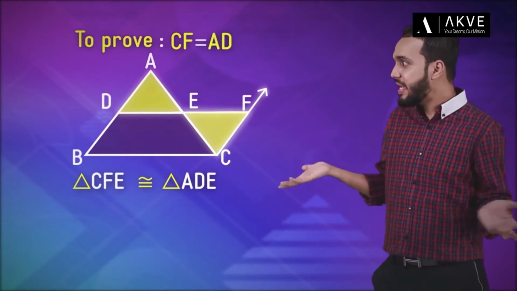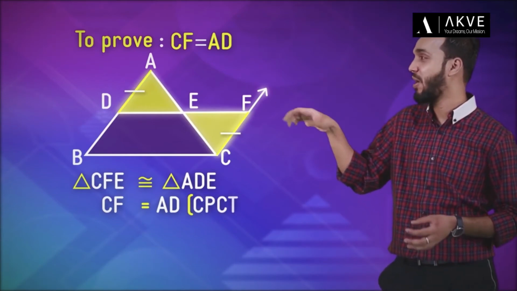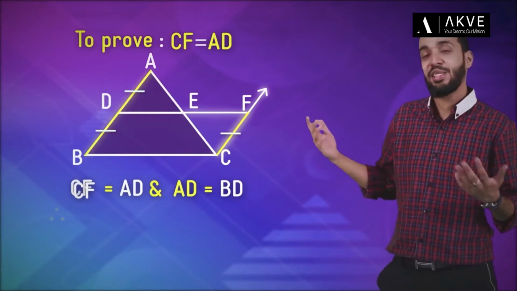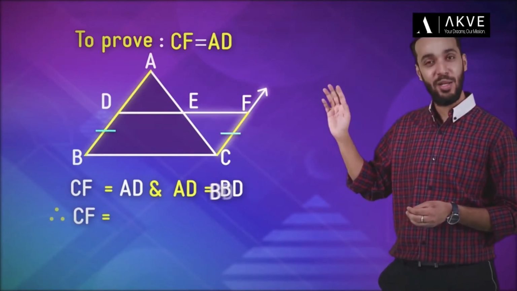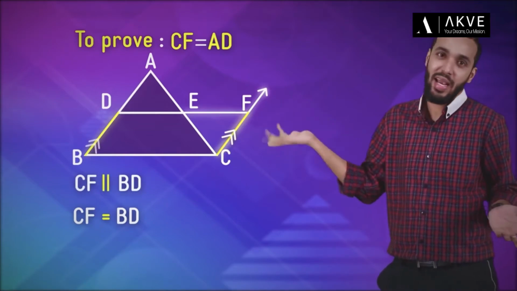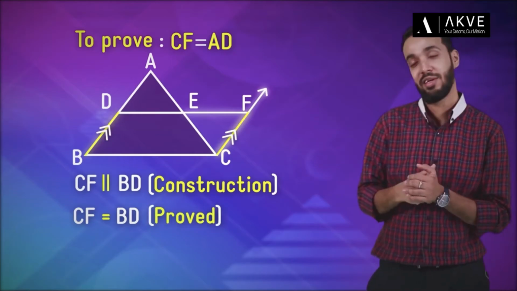So now, CF is equal to AD because they are corresponding parts of congruent triangles. And since AD is equal to BD, CF is also equal to BD. There you have it. CF is parallel to BD by construction and CF is equal to BD by proof.